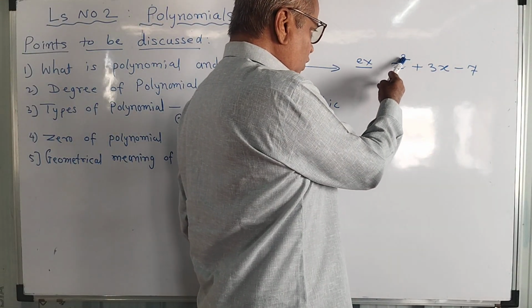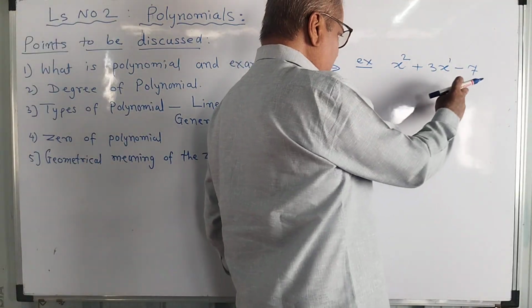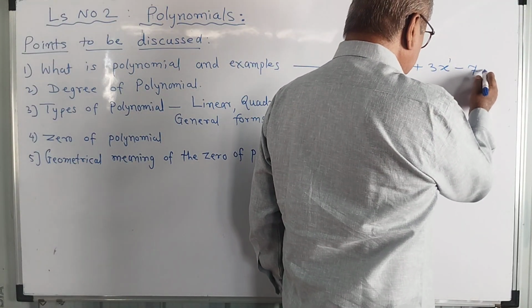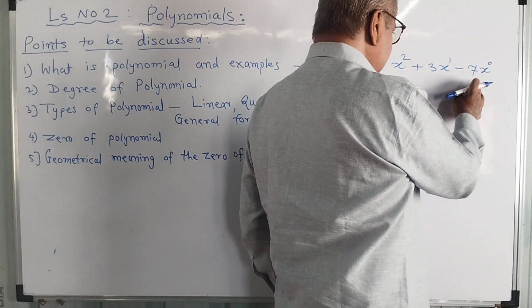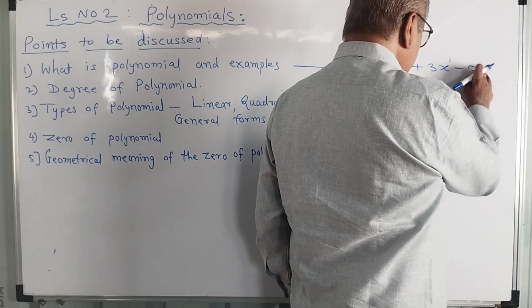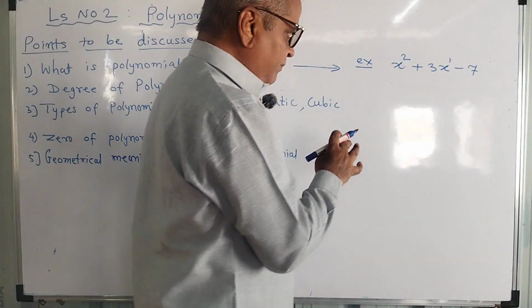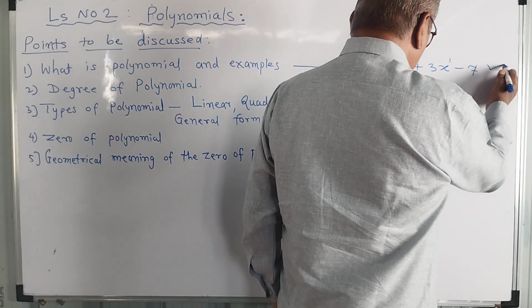It is 2, which is a whole number. Here it is 1, it is a whole number, and actually in front of 7 it is x raised to 0, but we are not writing this x raised to 0 because x raised to 0 is nothing but 1. So here it is 0. So the power of each variable is a whole number, that's why it is a polynomial.